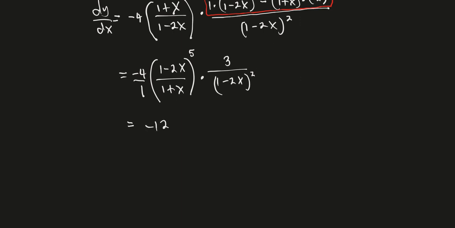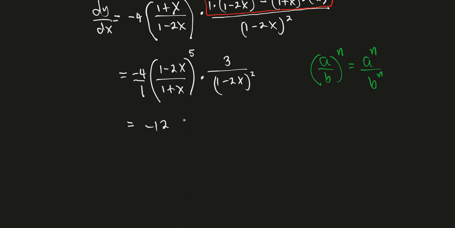Now, there's another property of exponents that says if you have an entire fraction raised to a power, that's the same as taking the numerator raised to that power and the denominator raised to that power. And I can do that with this.